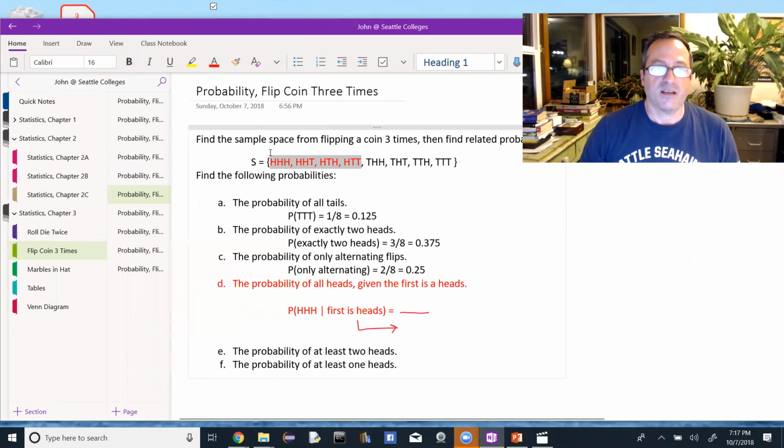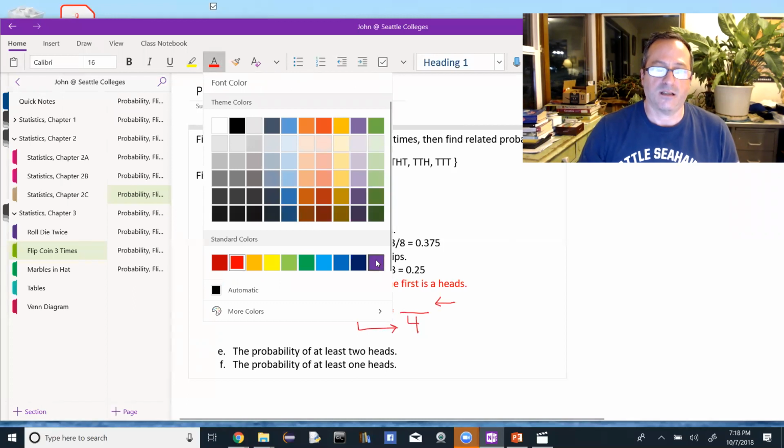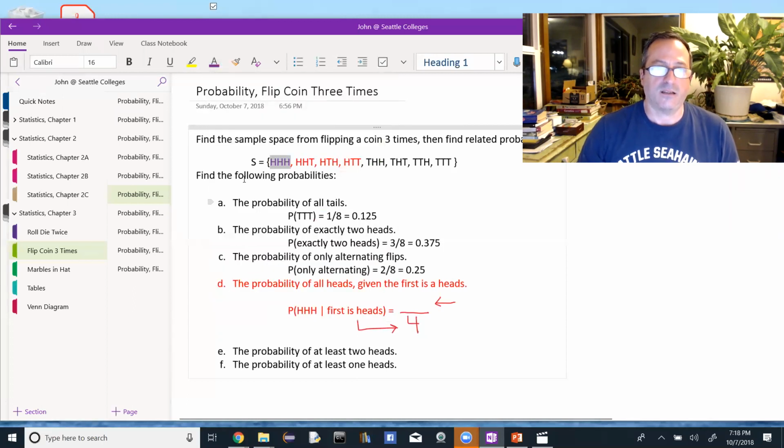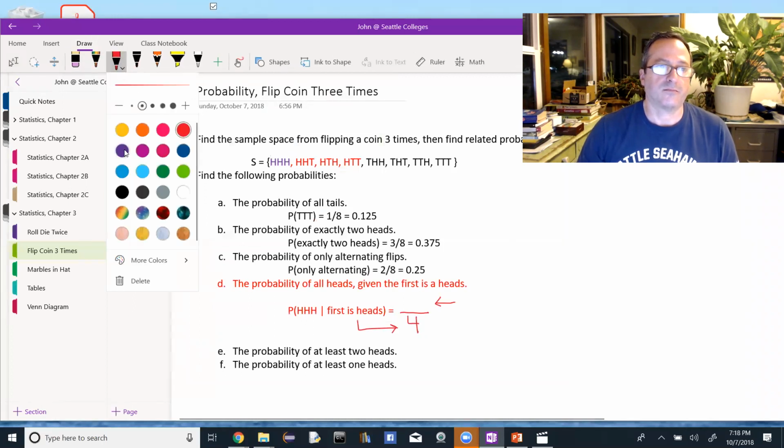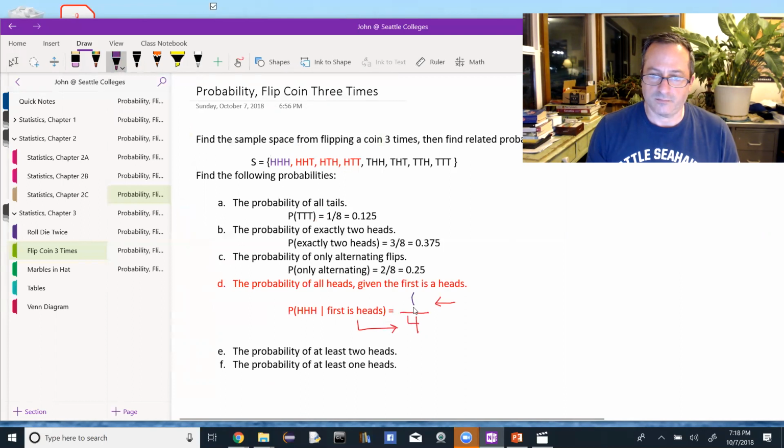And then I'm going to say, out of those 4, how many are heads, heads, heads? All heads. Well, out of those 4, there's only 1. That's heads, heads, heads. So 1 out of 4, or 0.25.